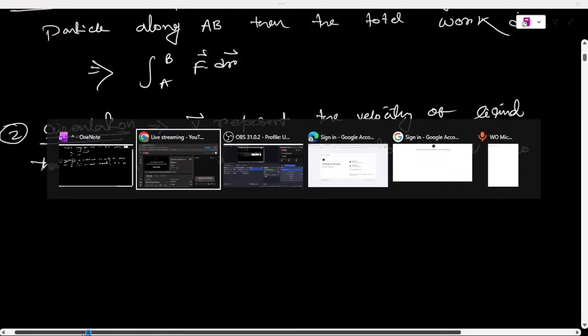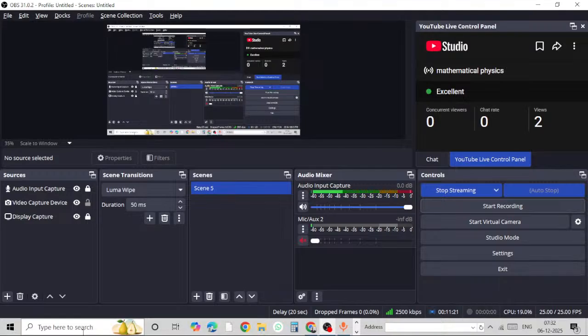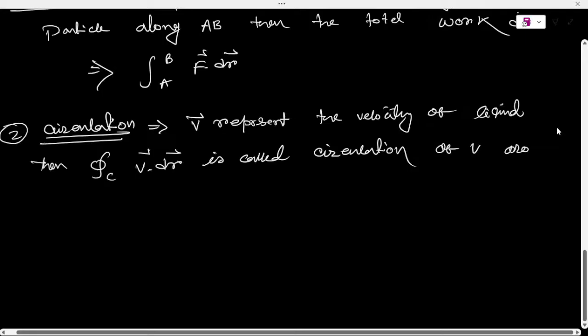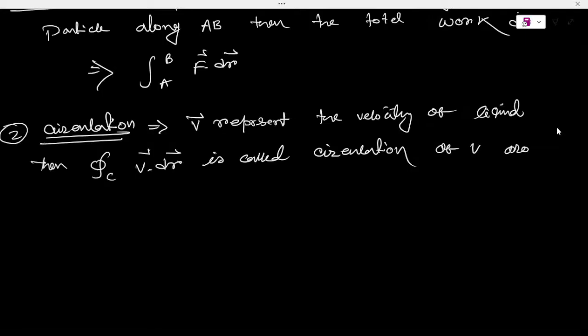So after that, circulation of a closed curve. V represents the velocity of the liquid, and the integral of V dot dr is the circulation around the closed curve.